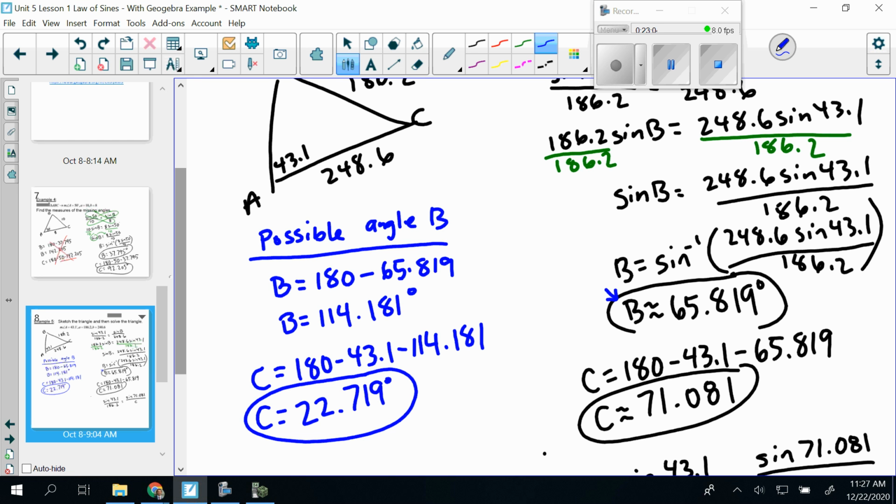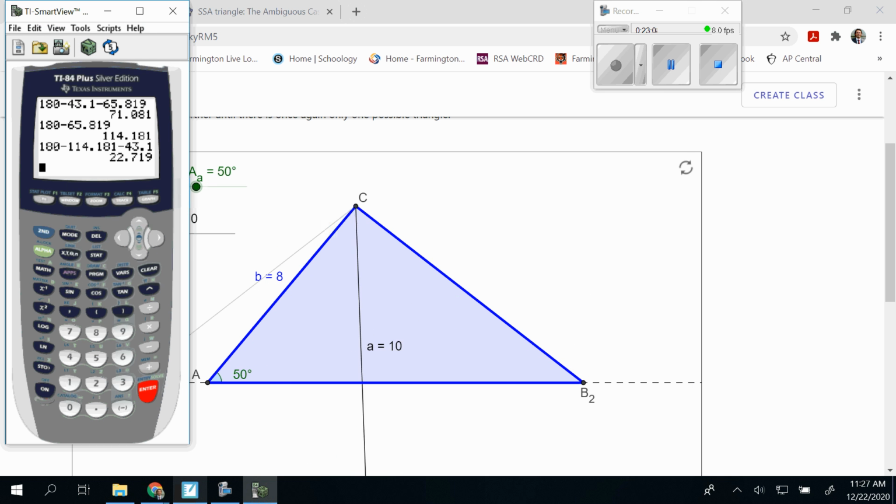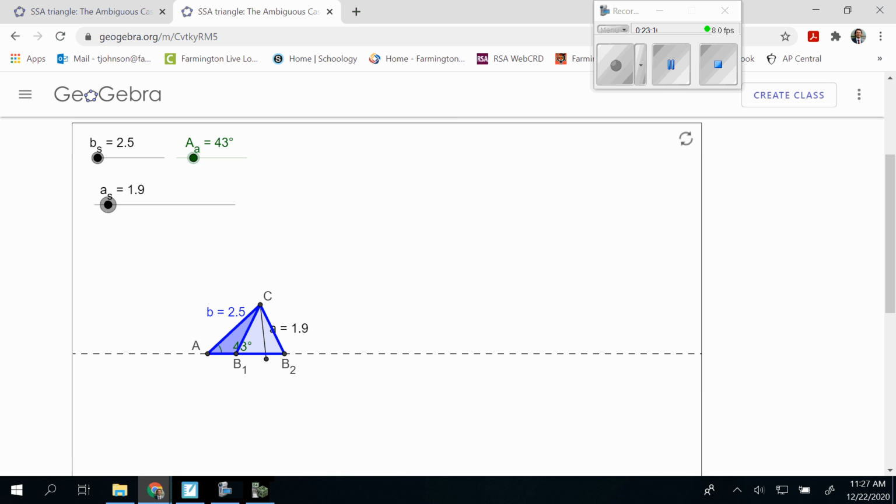I'm going to show you this one with GeoGebra too. The reason this one works is that we have enough angle to work out. So I used about 43 degrees like we had in the problem. I just proportionally scaled down the length of the sides here so it works in GeoGebra, but you can see there are two possible triangles that can work with this, depending on what angle B and angle C end up being.